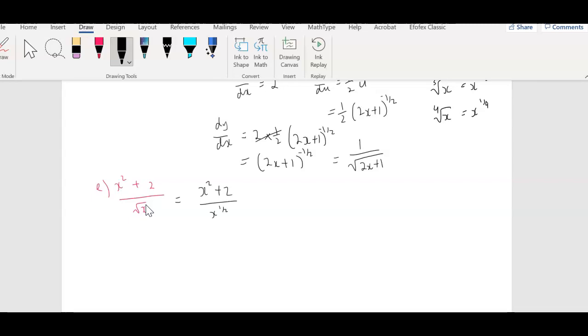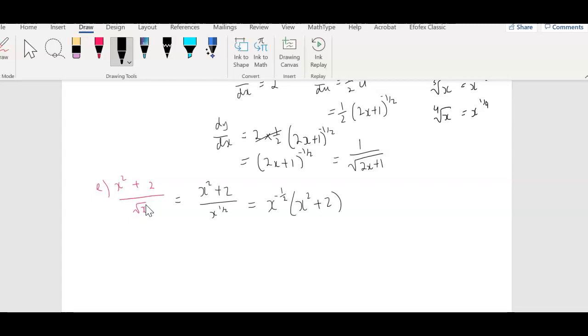But to differentiate this, I do need everything on the top. So that x to the power of a half can come up to the numerator as x to the negative a half, and that's multiplying x squared plus 2.